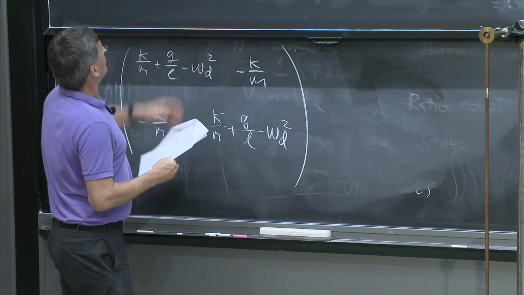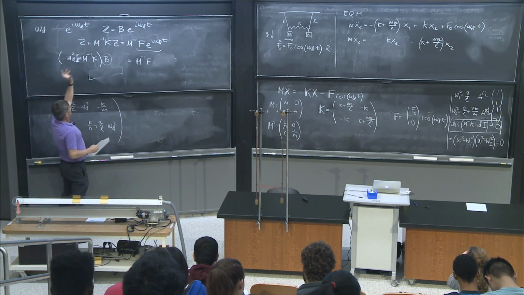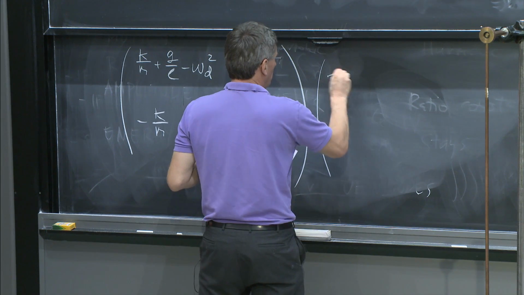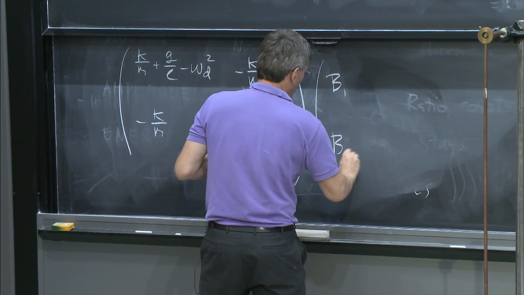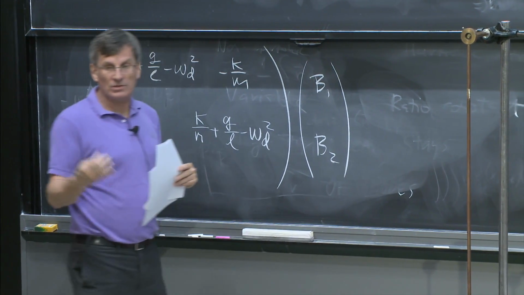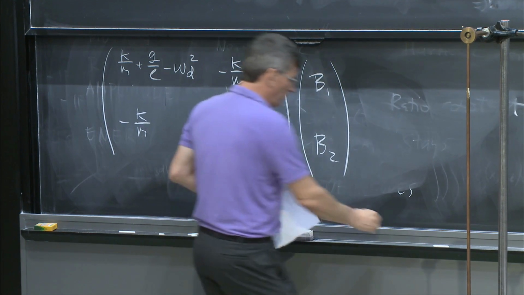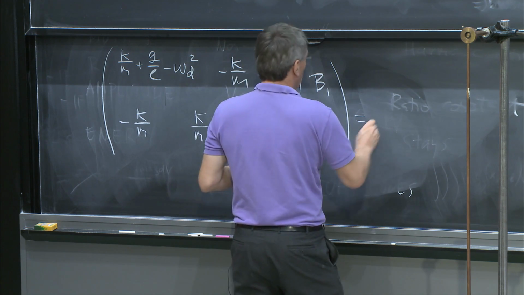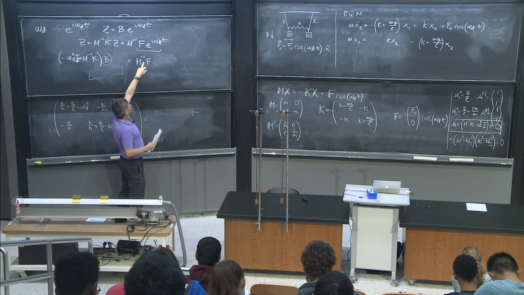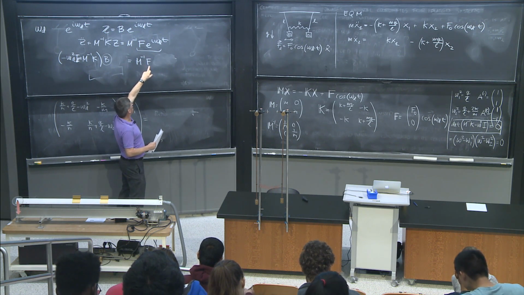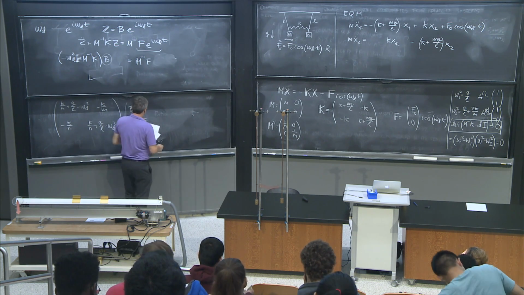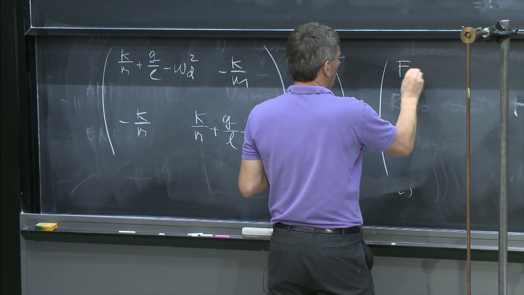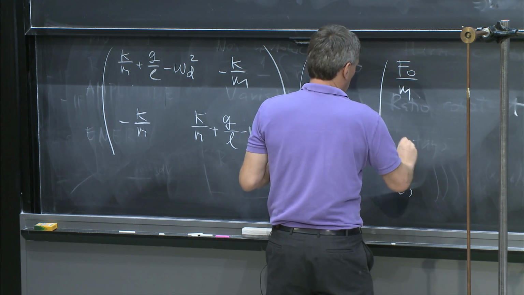This matrix is applied to vector b, which is our unknown, with components b1 and b2. These are the amplitudes of oscillations of individual elements in our system. And this is equal to M, the inverted mass matrix, times vector F, which, without its oscillating part, is simply F0 over m and 0.